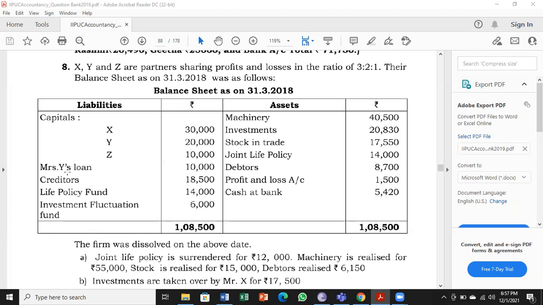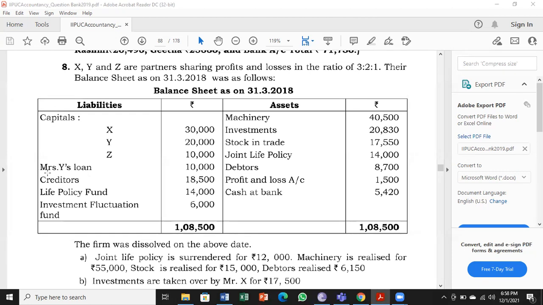Mrs. Y's loan. See here, you have Y as a partner. Here it is Mrs. Y, that is the wife of Y. So she is not a partner. People sometimes think Y's loan is a partner's loan.